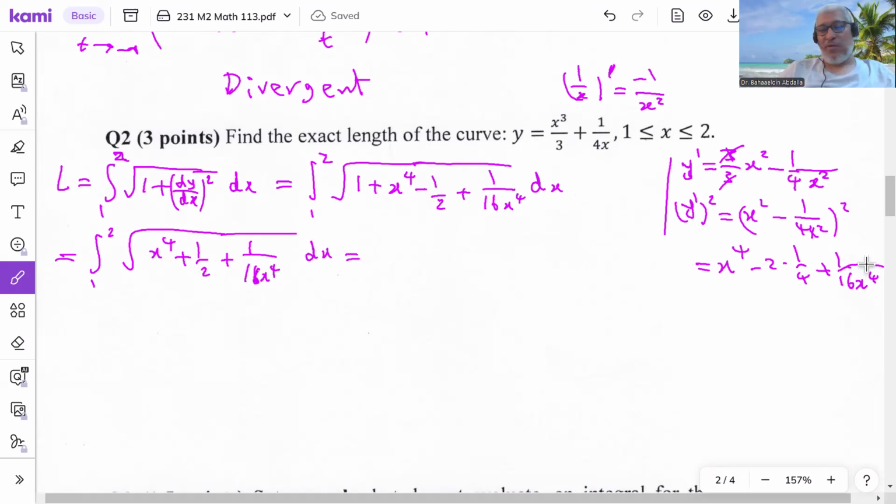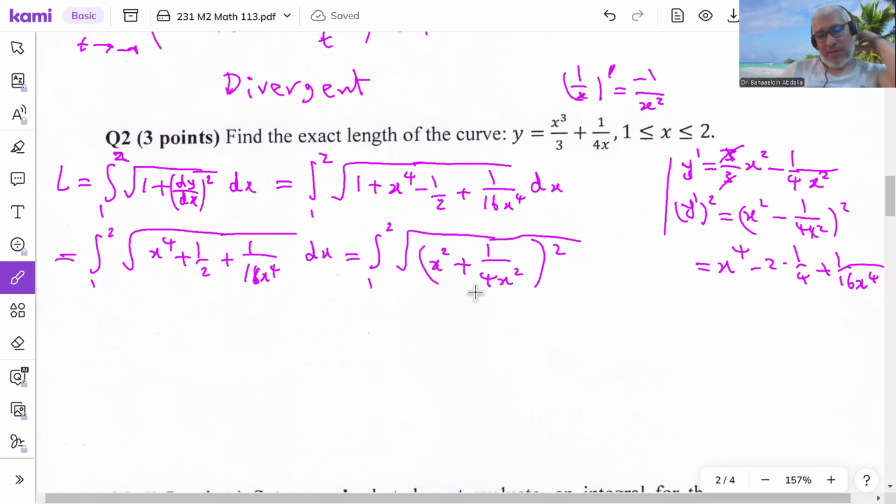But if you look here, these three terms came from the square of these two terms. So these three terms are exactly the same, except for minus half, I have plus half. So I can easily understand that these three terms give a perfect square, which is x squared plus, instead of minus, 1 over 4x squared, to the power 2.